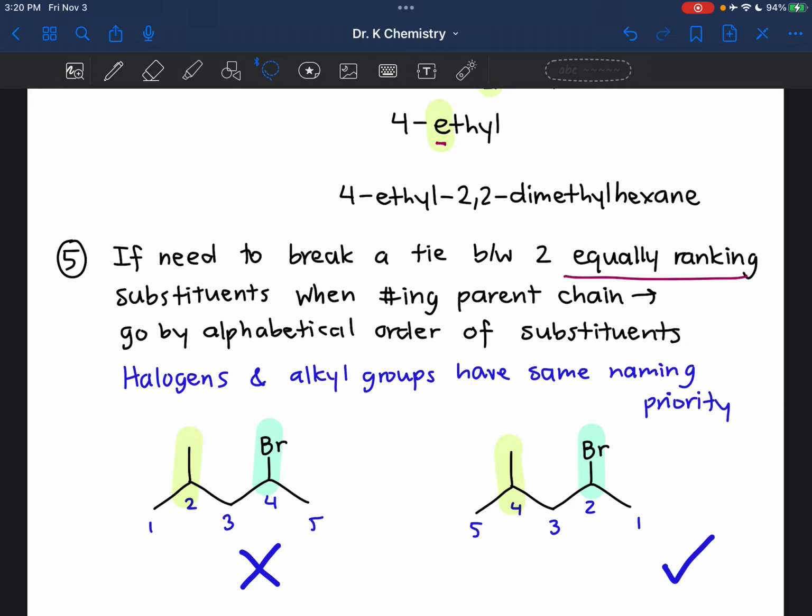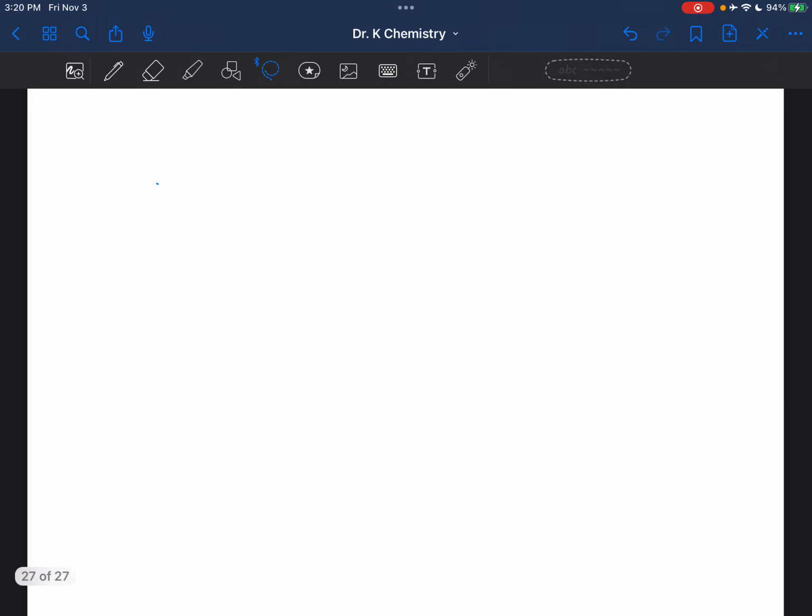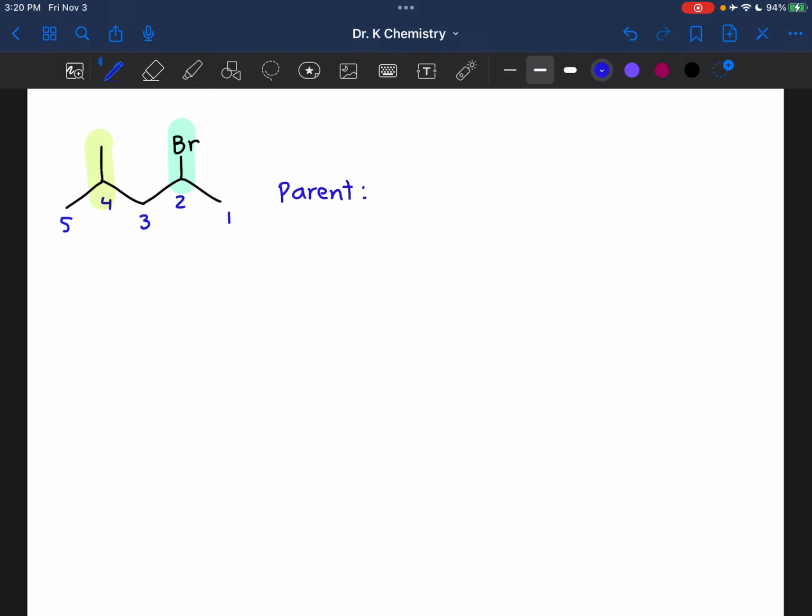And I'll just copy this over to the next page, and let's name that full molecule while we're at it. All right, I see the parent chain here will be pentane because it contains 5 carbons. I see that there is a 2-bromo. So bromo, it appears on carbon 2.